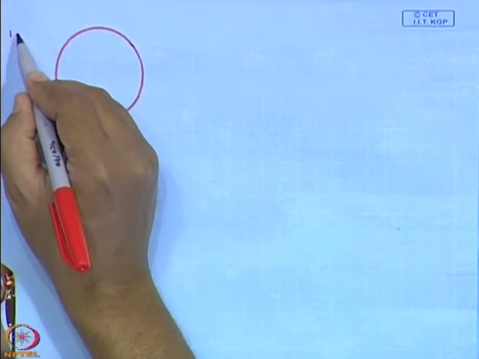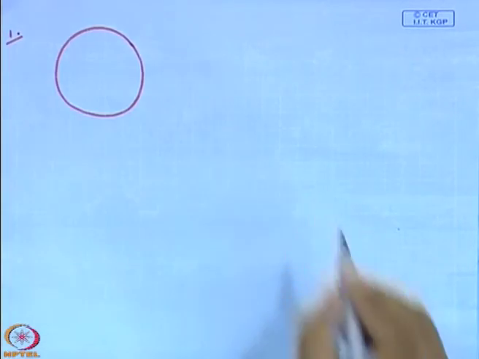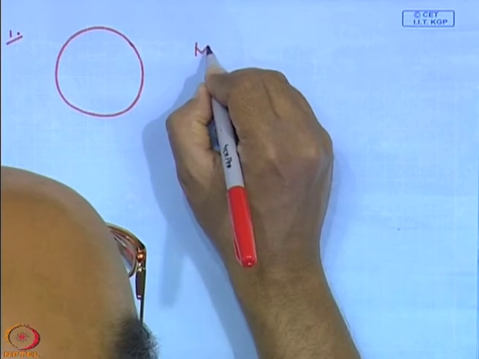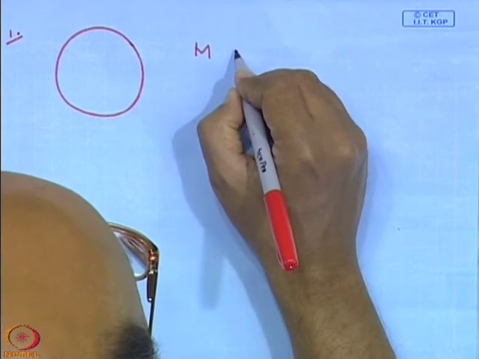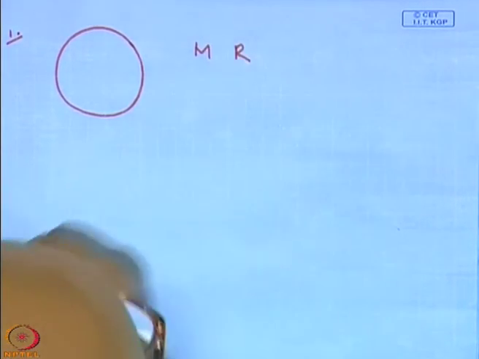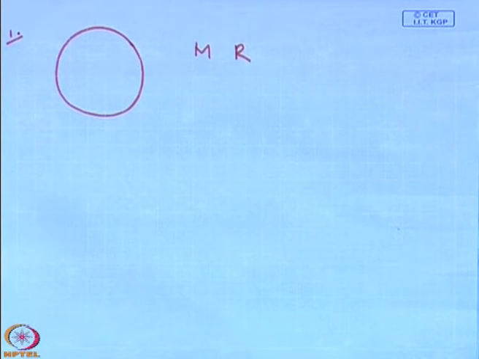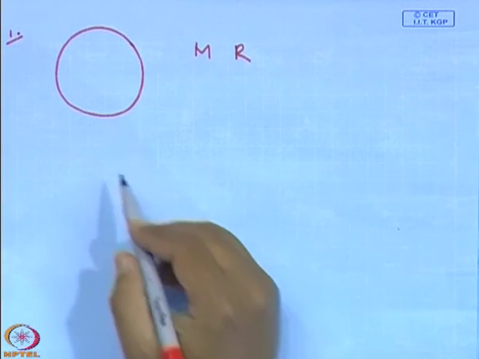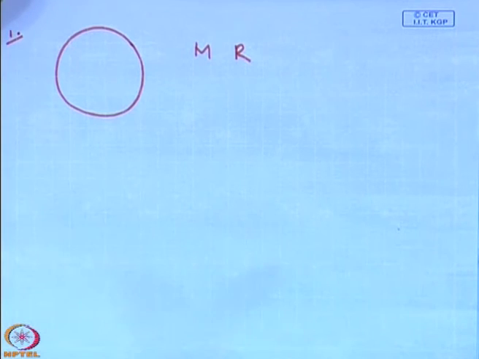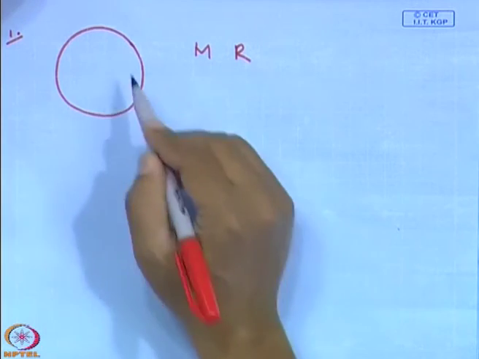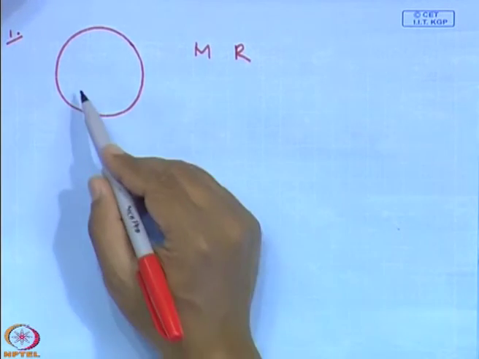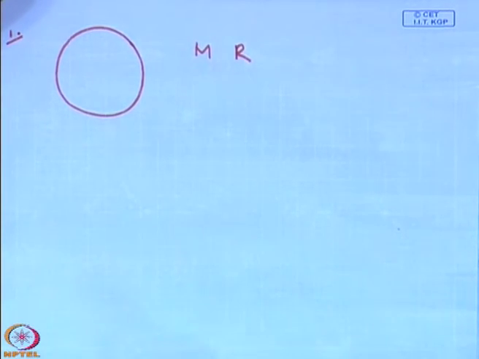And the sphere has mass m and radius r, and it is in gravitational equilibrium. So, if it is in equilibrium, the sphere satisfies virial theorem.